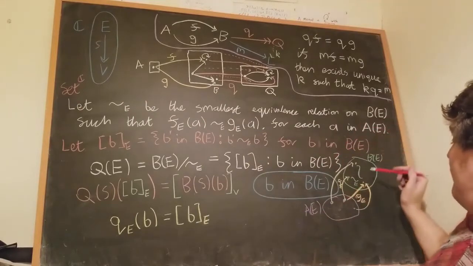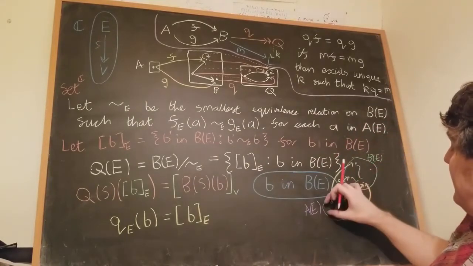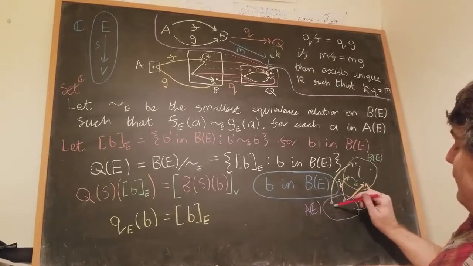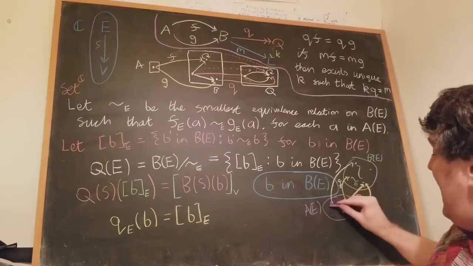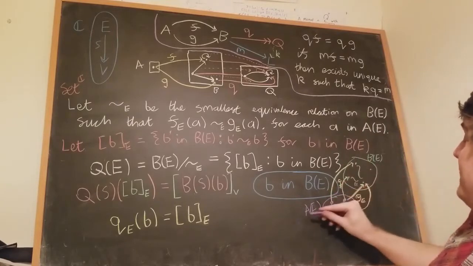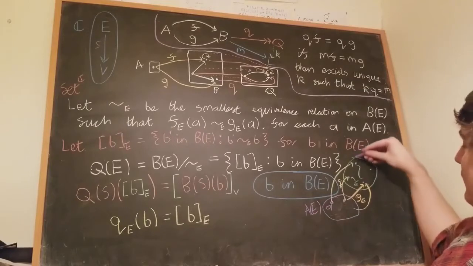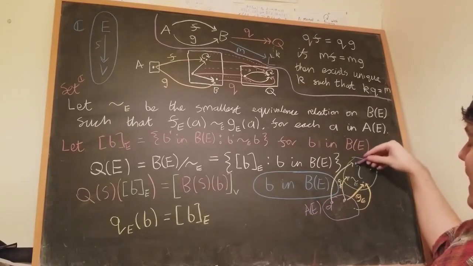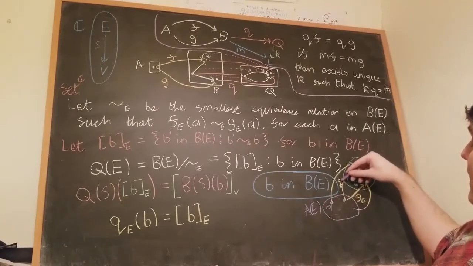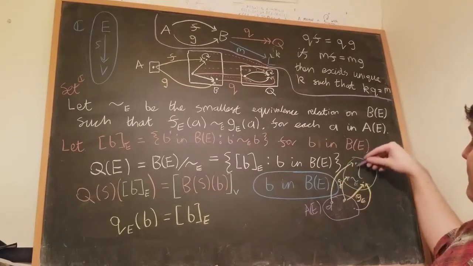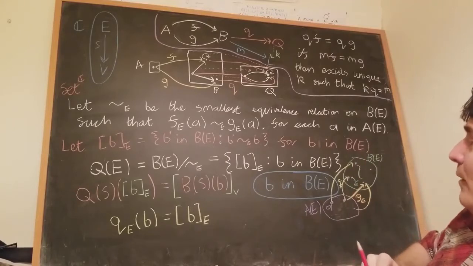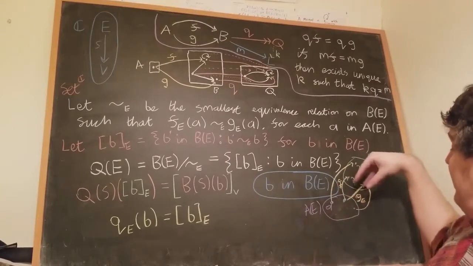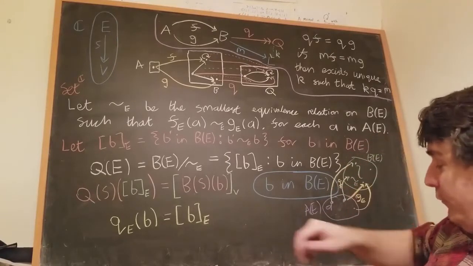So that's the formal way of saying how we get this tilde E, but the simpler way to say it is just make a graph like this by going over all the elements little a of A of E and drawing undirected edges between F of a and G of a, and then we just think about these connected components of the resulting structure.